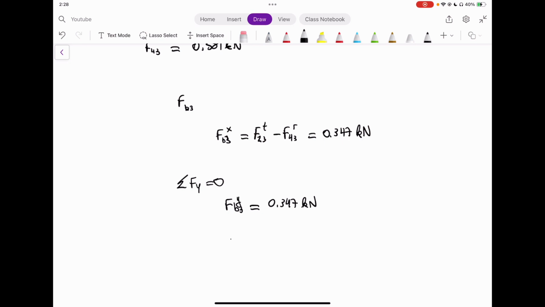And finally, FB3 could be calculated through the square root of 0.347 squared plus 0.347 squared, just using trigonometry. We would get that this is equal to 0.491 kilonewtons, and that would be in the top right direction as initially predicted.